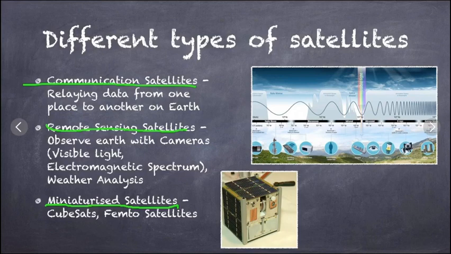Most satellites are hundreds and hundreds of tons large, but these miniaturized satellites are very small, and they are basically experimental satellites. So if you are experimenting, let's say, with a new kind of small propulsion system, you can put that into a CubeSat and then launch it into space. These are very cheap to launch.